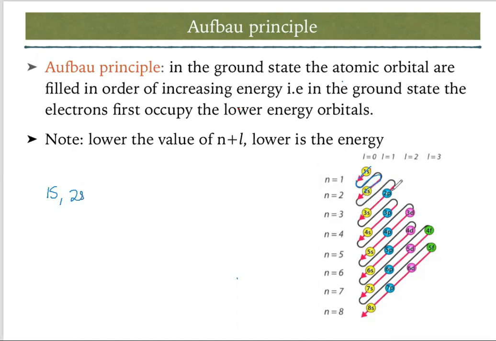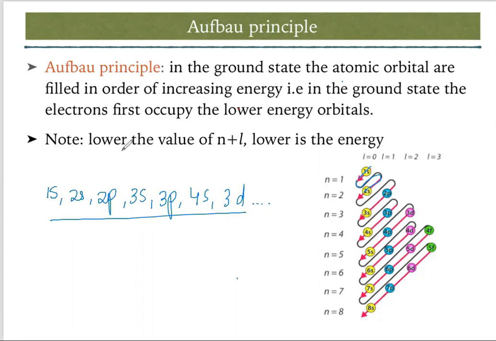After that you write 2p. Next it is crossing 3s, so I'm writing 3s. After the 3s it is going to 3p, then 4s, then 3d and so on. So these are all written in increasing order of their energy.